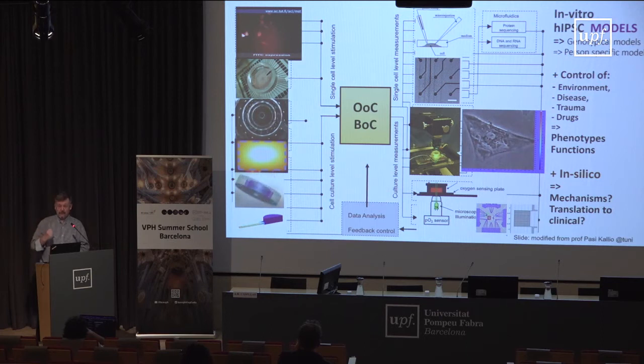We could generate trauma, mechanical or environmental trauma, put in some drugs, put in some bacteria, whatever you invent. And that generates different phenotypes. If you grow the cells in different environments, you might get different phenotypes. And if you stress the cells, you could get different kinds of responses and functions.